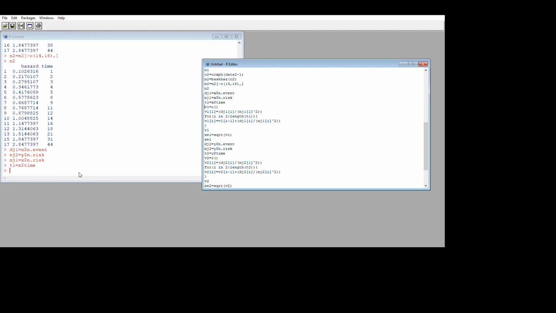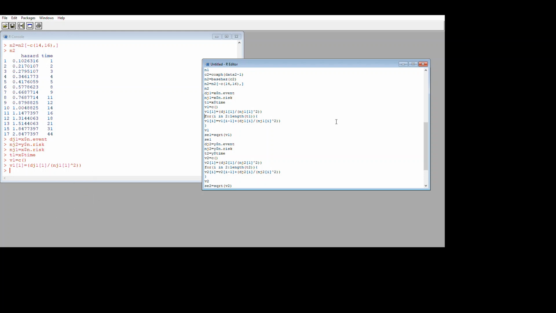The estimate of the variance of the Nelson-Aalen estimate is the cumulative sum of the ratio dj divided by nj square. So we define the variance as v1 equal to c of, and the first element is given by the ratio dj1 by nj1 square.